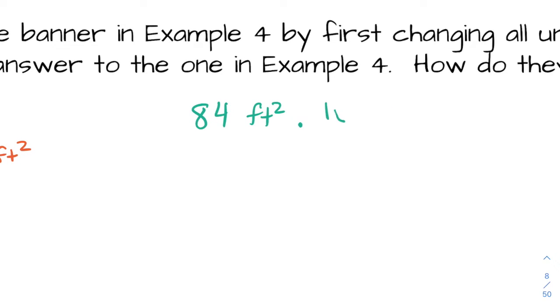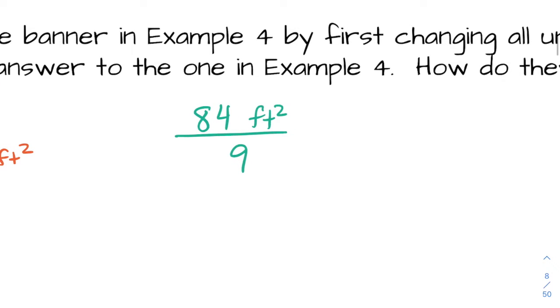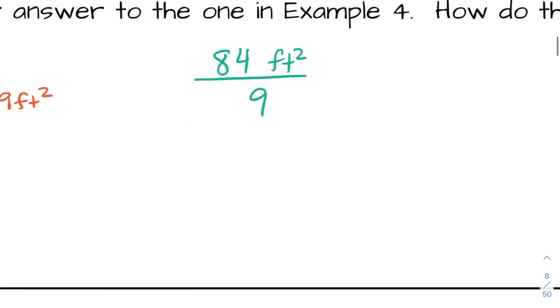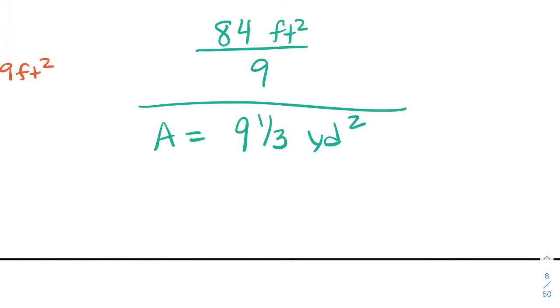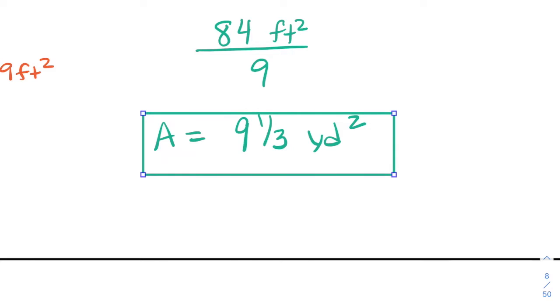To convert to yards squared, there are 9 feet in a yard. I don't want to make this more complicated here. Why don't I just erase that? Just divide this by 9, and now you'll have yards. So 84 divided by 9 is about 9 1/3. So it's 9 1/3 yards squared. So the area is now 9 1/3 yards squared.